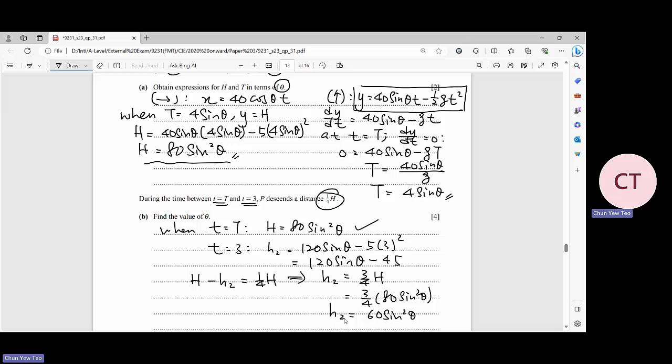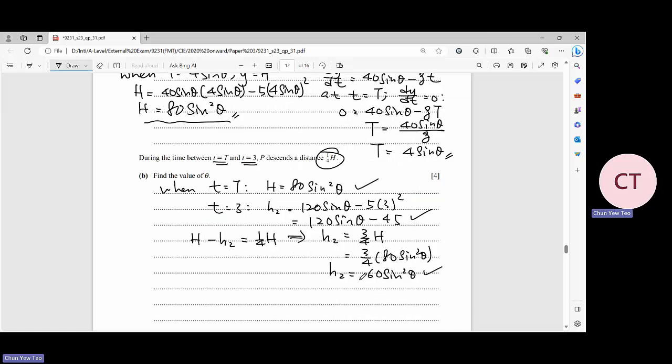That is my h2. You can see that the expression that we have here for h2 and the expression here for h2 are different, so we can just let them be equal. To make the explanation clearer, I will call this equation 1 and this equation 2. Let equation 1 equal to equation 2.